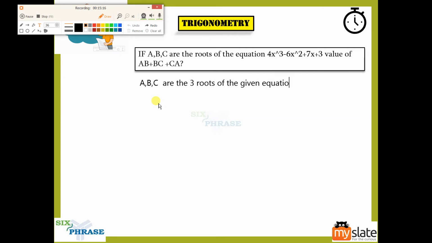These are the three roots of the given equation. Now, once you see the three roots, you know what the three roots are. You have the equation.